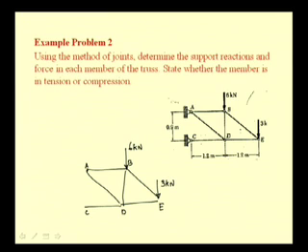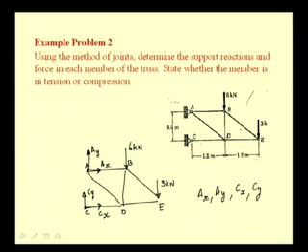At A we have a pin connection, and so we have to determine two components of reaction Ay and Ax, and at C we again have a pin reaction, thereby we have to determine the two components of reaction Cy and Cx. So, the total number of unknowns at hand is Ax, Ay, Cx, Cy.